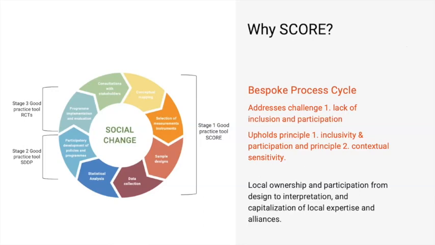And the most important thing in this process framework is that it upholds the principle one, inclusivity and participation, because the conceptual mapping and selection of measurements and instruments and design of indicators happen in a consultative way, be it multi-stakeholder workshops and focus groups, especially outside of the capital, to make sure that there is diversity of voices when we try to understand and map the snapshot of a country.